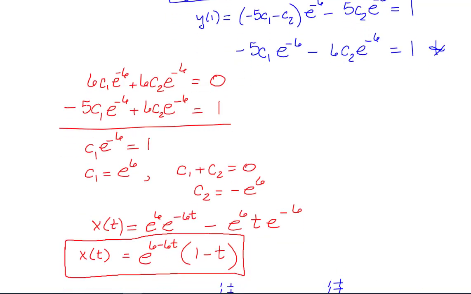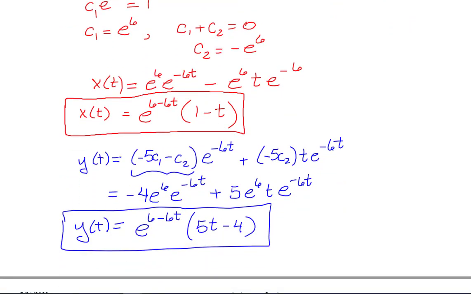Plugging in what I know about C1 and C2. Here's C1, here's C2. This is e to the 6 minus 6t, and I'd be left with a 1 minus t inside. Going back and figuring out what was y again, and now let's plug in C1 and C2.